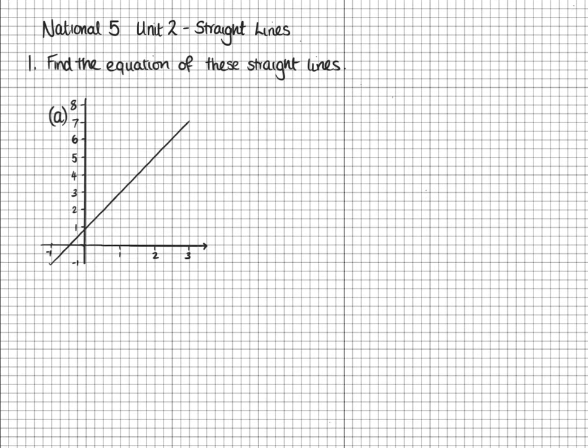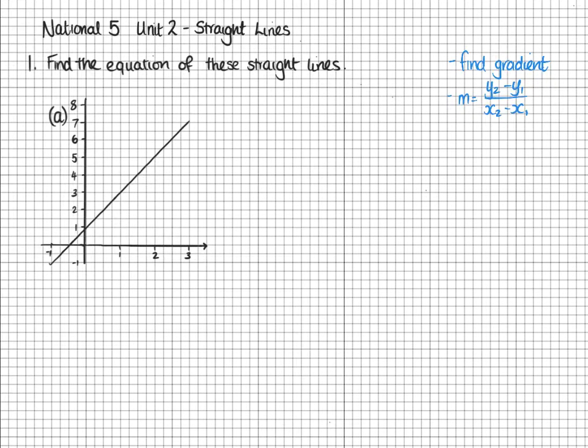To find the equation of a straight line, the first thing we always need to do is find the gradient. If we're given the gradient, great, we just use it. If not, we find the gradient, and to do that we use the equation m equals y2 minus y1 over x2 minus x1.